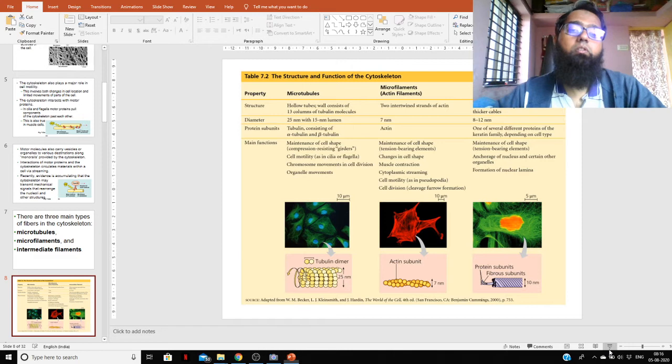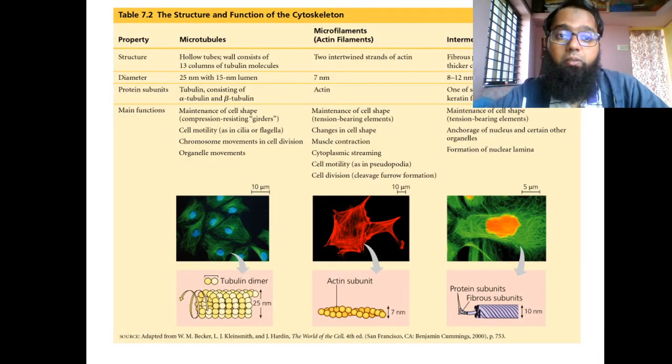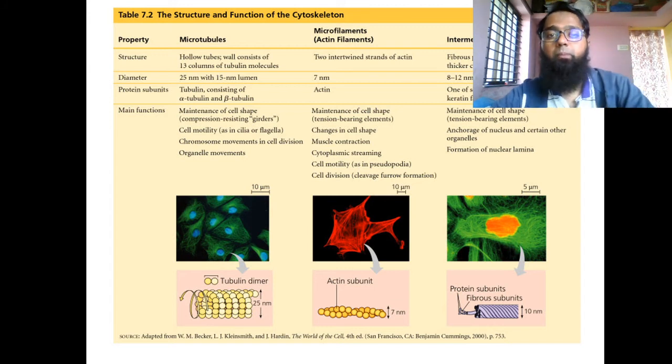What you are seeing on the screen is the differences between the three types of the cytoskeleton. On the left-hand side you can see the properties, and the different types: microtubules, microfilaments, and intermediate filaments. The things compared here are structure, diameter, protein subunits, and the main function.